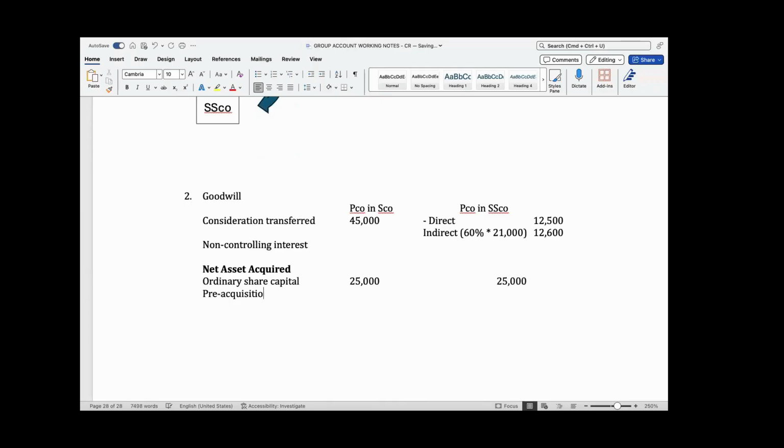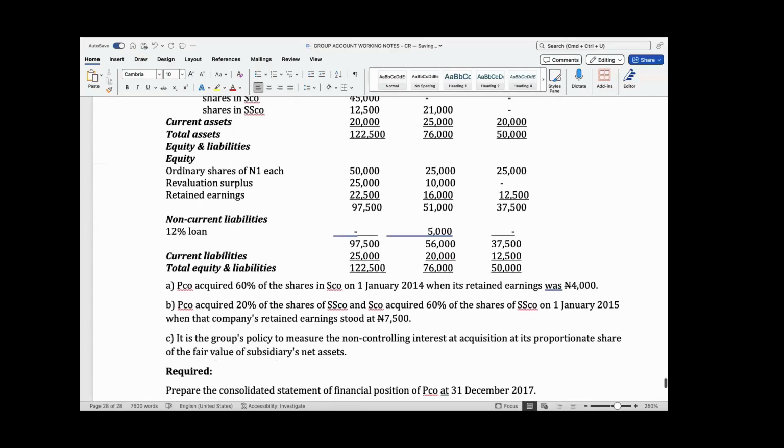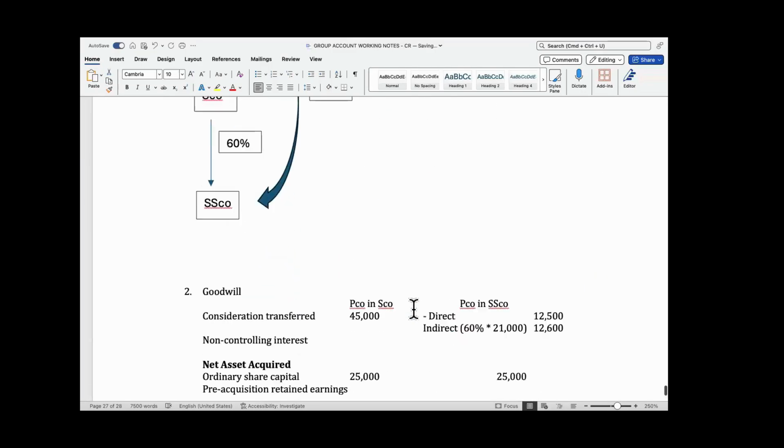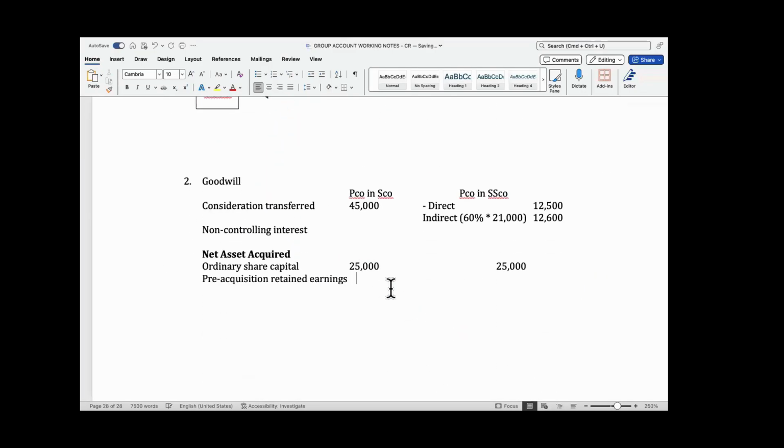Then pre-acquisition retained earnings. ESCO 4,000, SSCO 75.